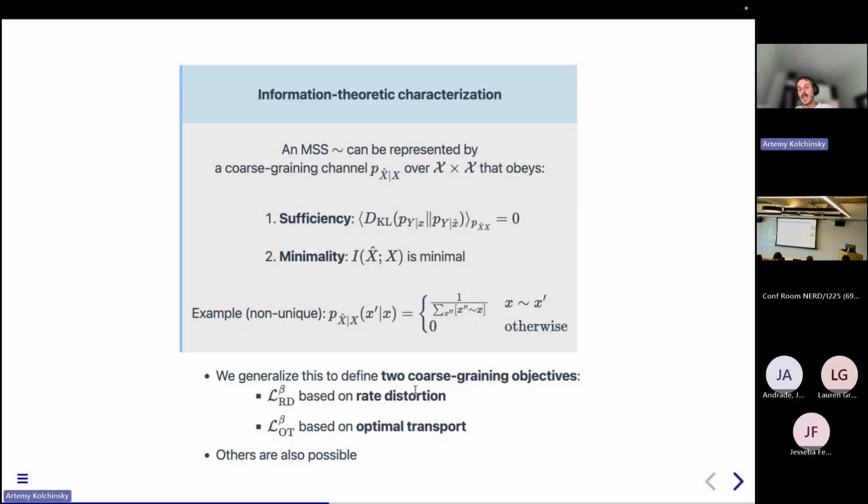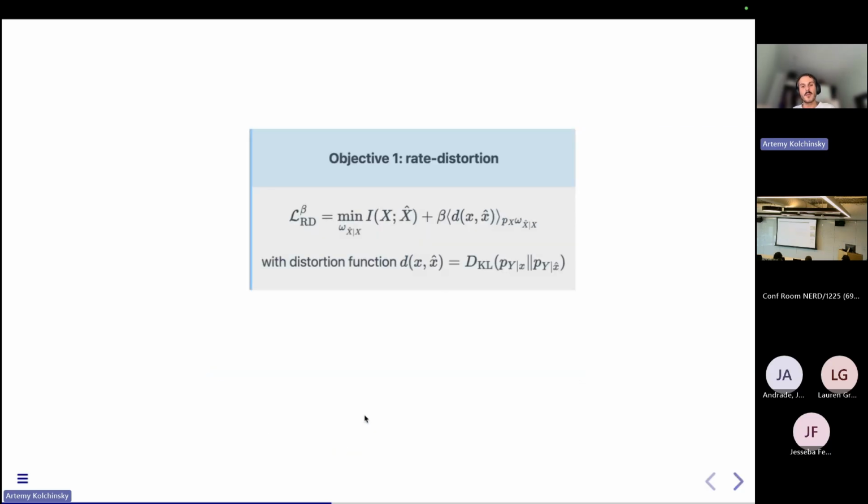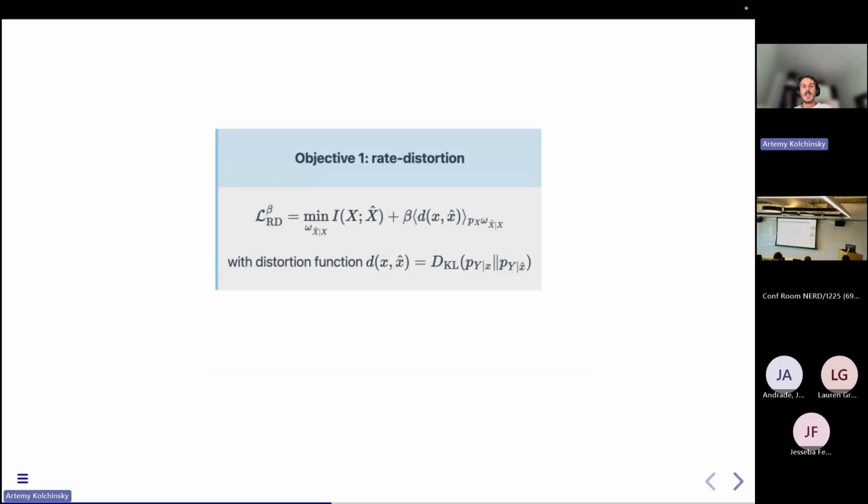And I want to say that these are not unique. This is more like a family of generalizations, but let me talk about the one based on rate distortion. What we're going to do is consider coarse graining maps that map from X to a copy of the same space, X hat.